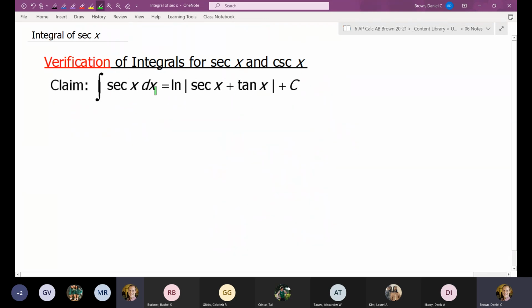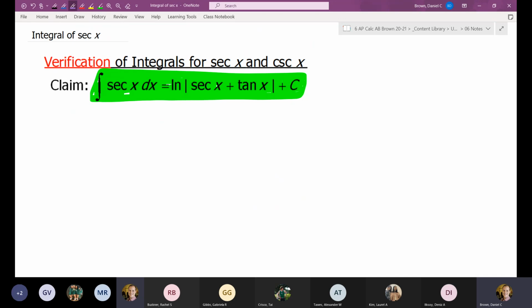Again, it's a gross one, I think, but the integral of secant of x is the natural log of the absolute value of secant of x plus tangent of x. So make sure that you have a plus sign here instead of the times that you might be used to.